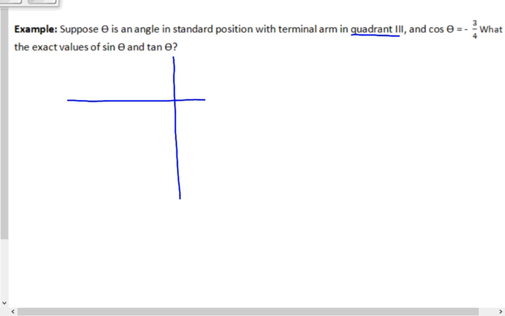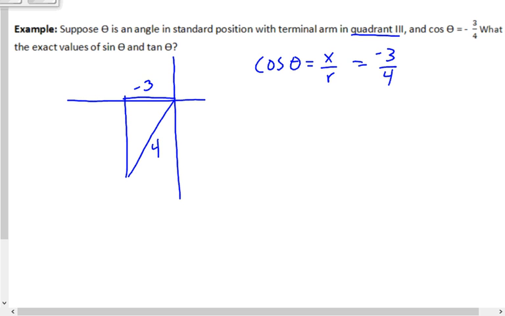So if we think about cos of theta, that's given as x over r. So we know that x is going to have a distance of -3, and r is going to have a value of 4. And that's just been given from the question. Okay? From here, we need to again figure out what this y is going to equal.